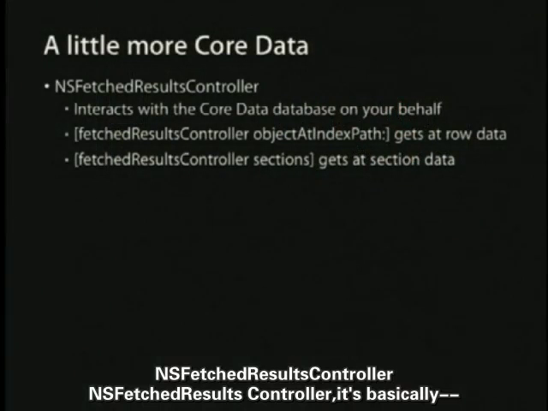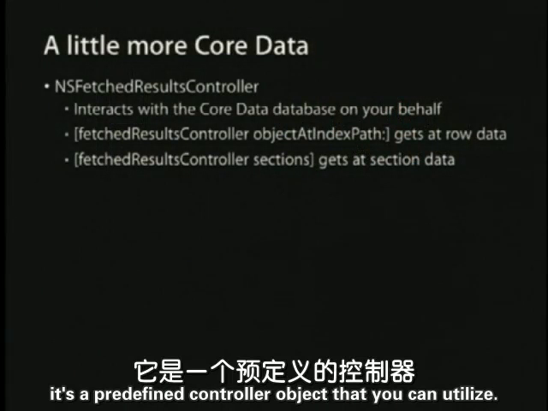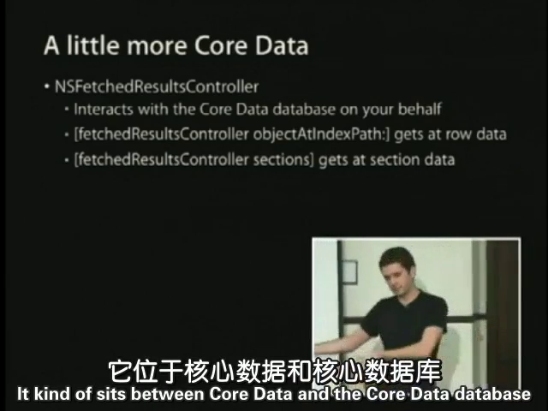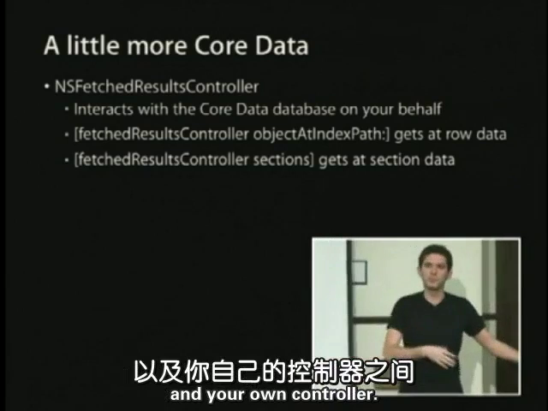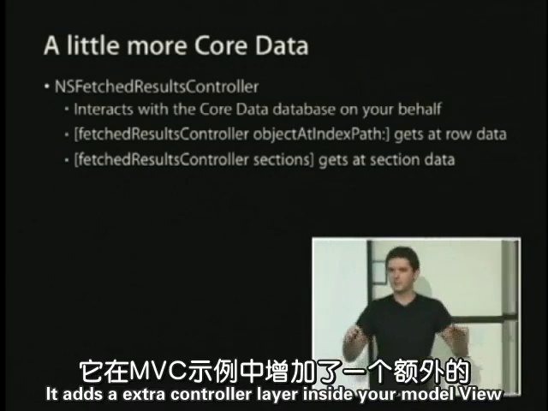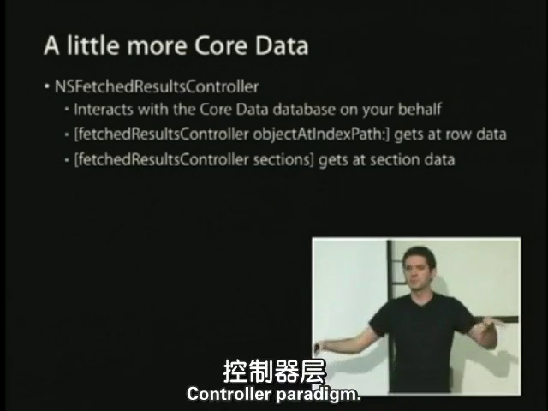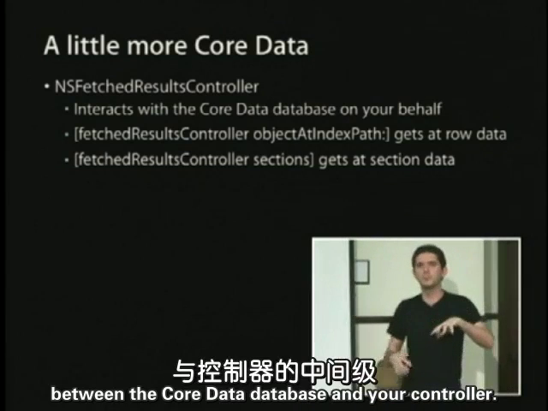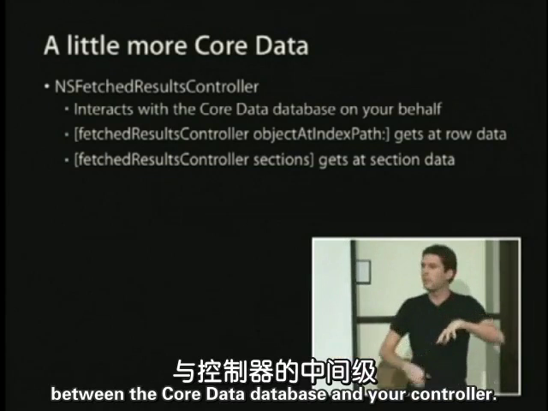NSFetchedResultsController is a predefined controller object that you can utilize. It kind of sits between the Core Data database and your own controller. So it's a little odd. It adds an extra controller layer inside your model view controller paradigm. But it basically sits there as an intermediary between the Core Data database and your controller.